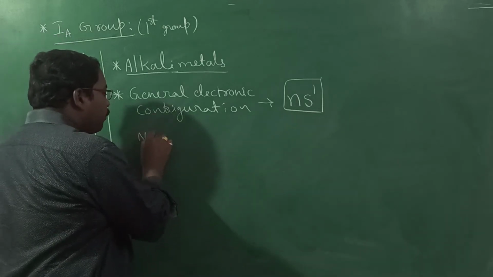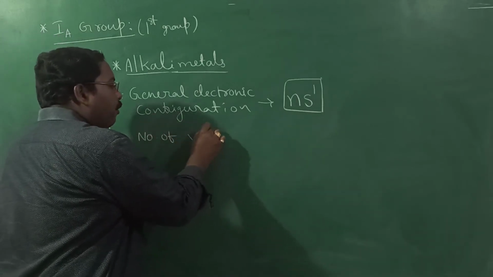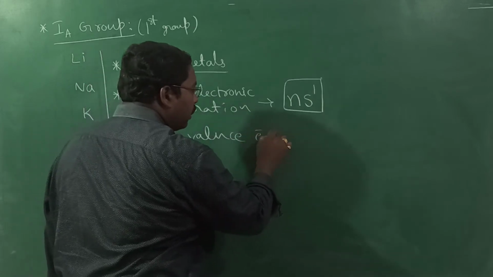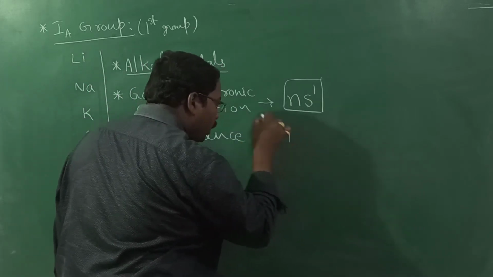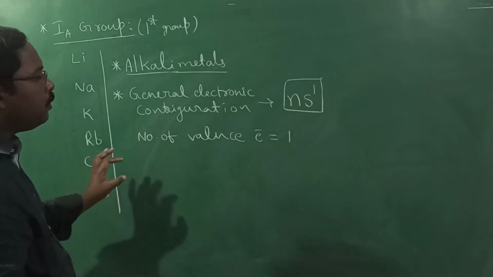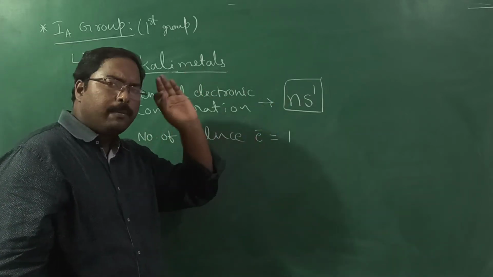So the number of valence electrons is equal to only one.